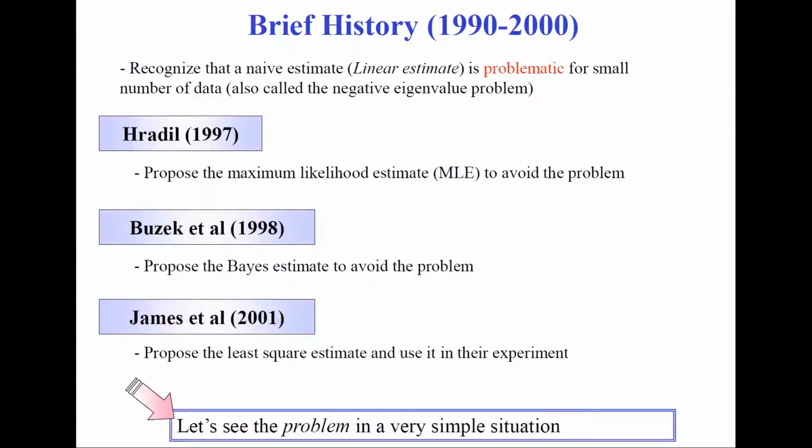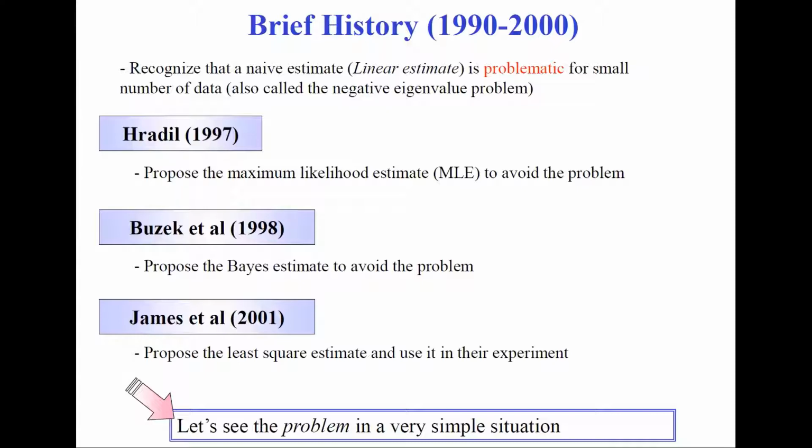In order to solve this problem, Hradil, 1997, proposed a maximum likelihood estimate. And other people proposed a Bayes estimate. Another group proposed a least squares estimate and used it in their own experiment. This is the history. And now let's see the problem.